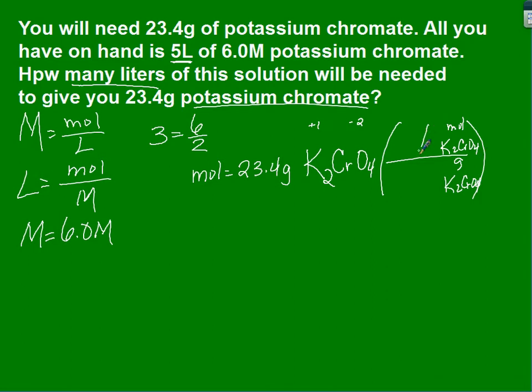One goes here. What do I have to do here? What's that called? The molar mass. So look, I've got how many potassiums? 2. So 2 K times 39.